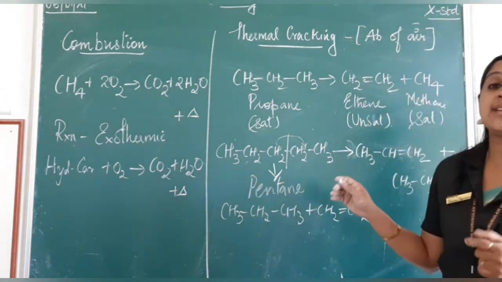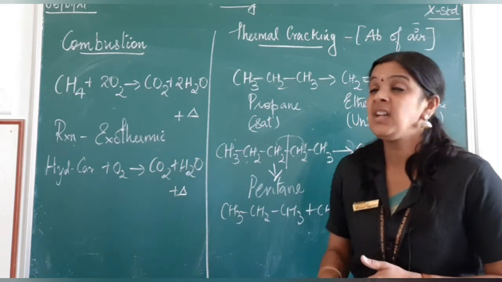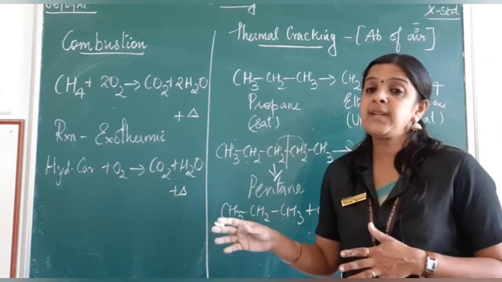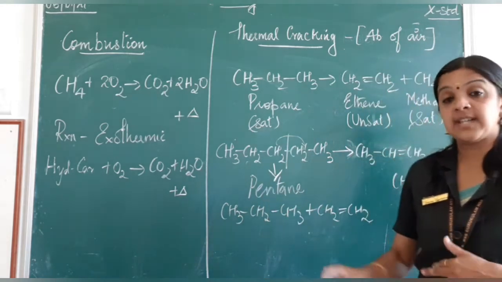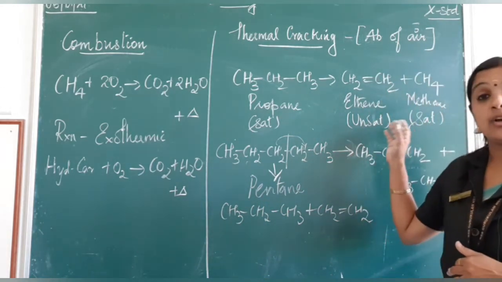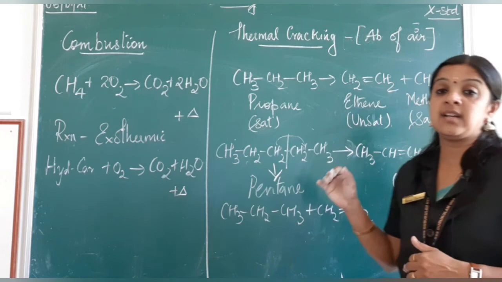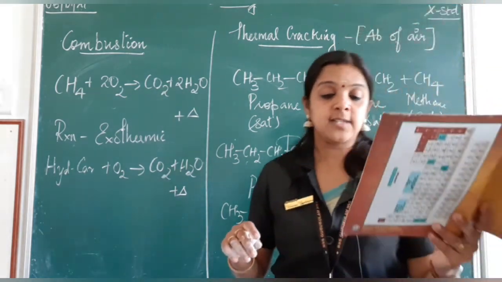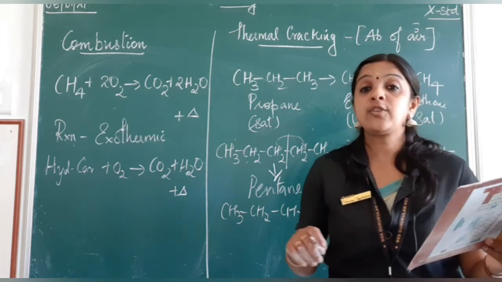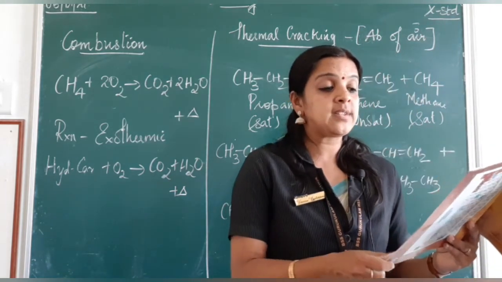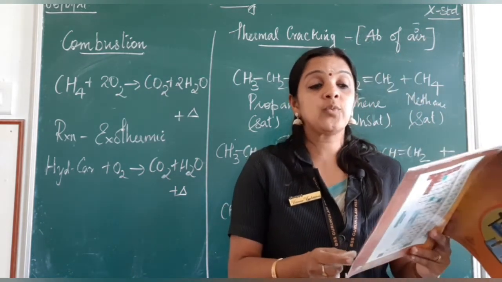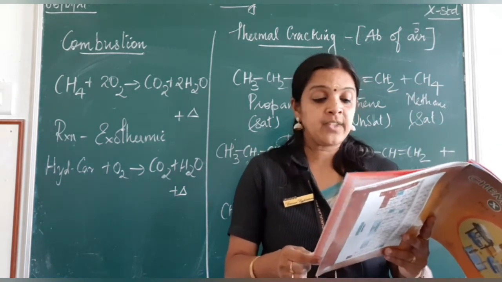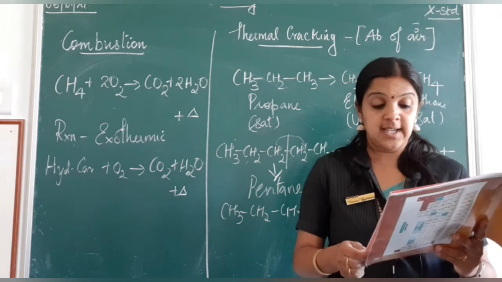So thermal cracking is basically a process where a higher molecular mass hydrocarbon splits into lower molecular mass hydrocarbons, with products being one saturated and the other unsaturated. You have been given 2 tables in your textbook, page 125. Try to solve table 7.3 and 7.4. First one is fill in the blanks, second one is match the following. Please do that so that we can discuss the same in the class.